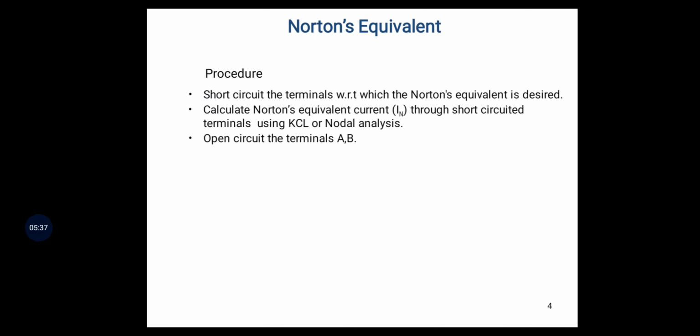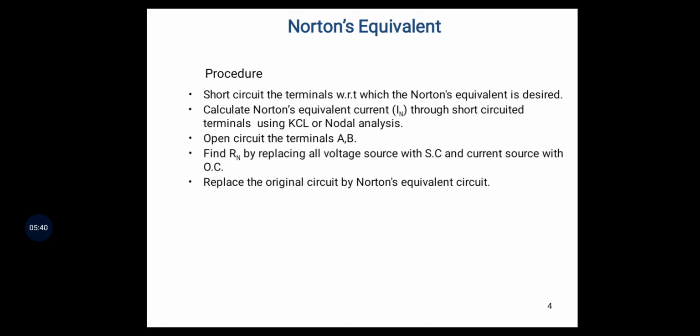So what is the procedure to find Norton's equivalent? Already we discussed it; I will just briefly explain the procedure. First of all, short circuit the terminals with respect to which the Norton's equivalent is desired. Next, calculate Norton's equivalent current IN through the short circuited terminals using KCL or nodal analysis. Next, open circuit the terminals A, B. Find Rn by replacing all voltage sources with short circuits and current sources with open circuits.